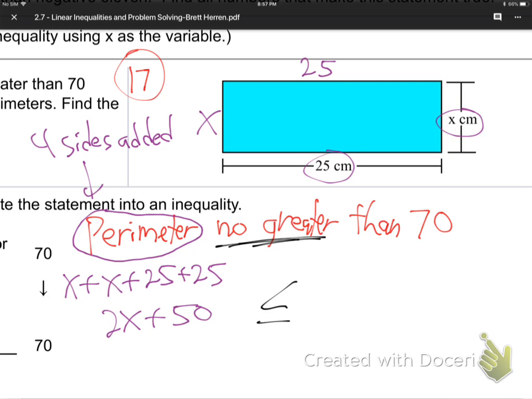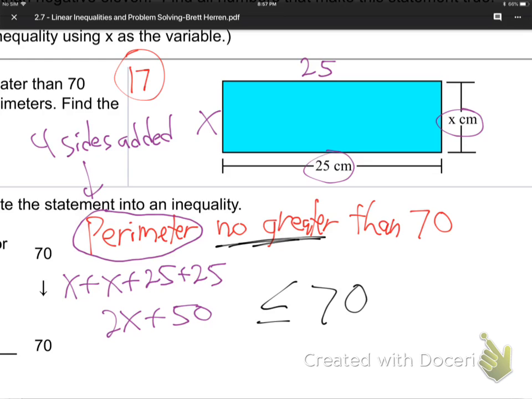If I said, hey, my friend, I'm 51 and his age is not greater, what does that mean? He could be my age, 51 or lower, right? It means less than or equal. Less than or equal to 70. So perimeter, not greater, less than or equal to 70.